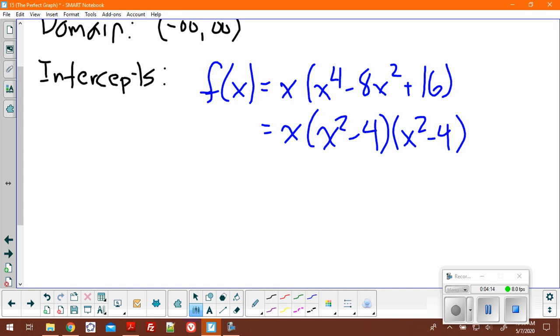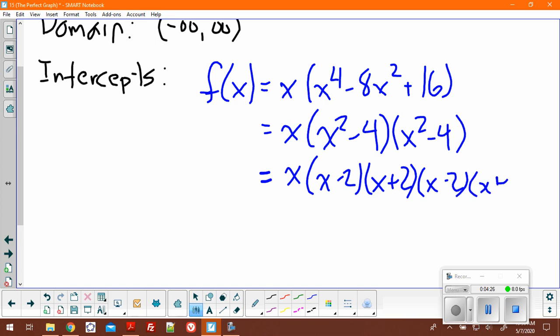Those are both differences of squares, so I can continue factoring here. So I have x minus 2, x plus 2, and another x minus 2, x plus 2. So I have x, I have 2 of these, x minus 2 squared, and I have 2 of the x plus 2s, so squared.